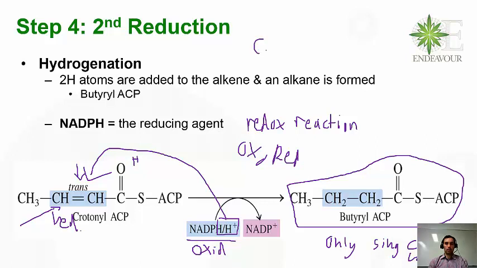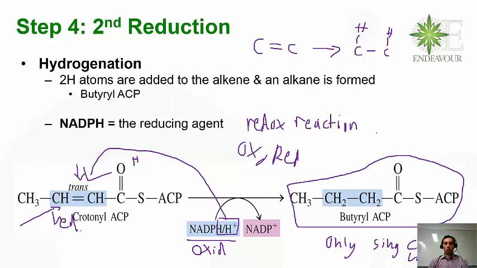So basically, we've taken the double carbon-carbon bond and converted it to a single carbon-carbon bond by attaching hydrogens to those carbons instead. And remember, the source of those hydrogens was from our coenzyme NADPH. So now we've got what we call butyryl ACP.